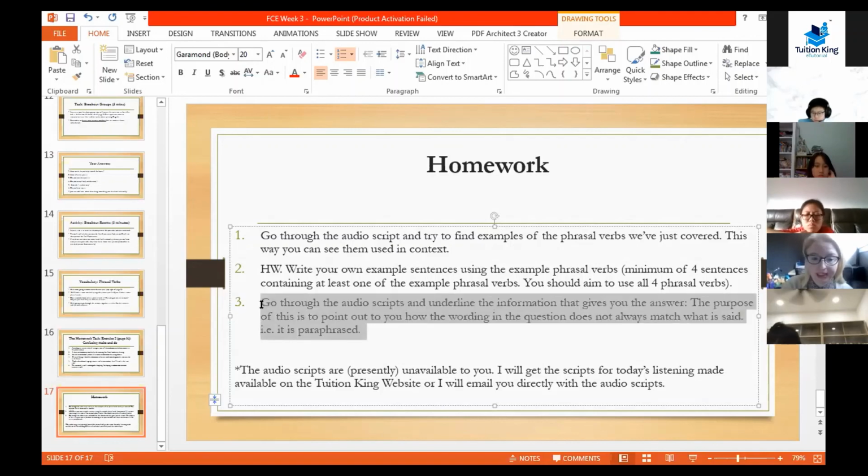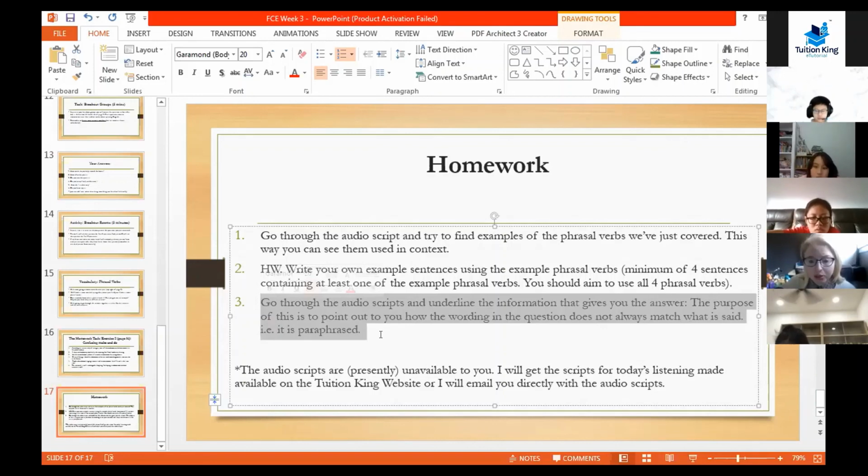So, and finally, I'd like you to go through, so when you're going through the audio scripts that I'm going to send you, you will see that the answers that you just answered, so like A, B, or C, are actually underlined. And I'd like you to pay attention to the answers that are underlined so that you can see how the wording is different.